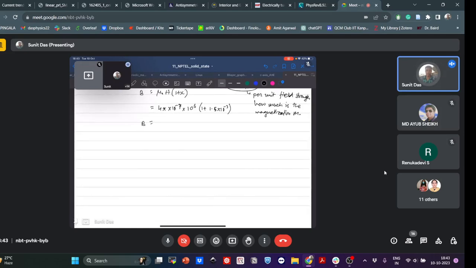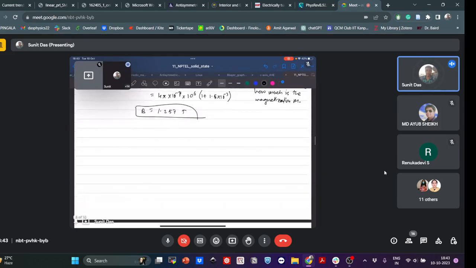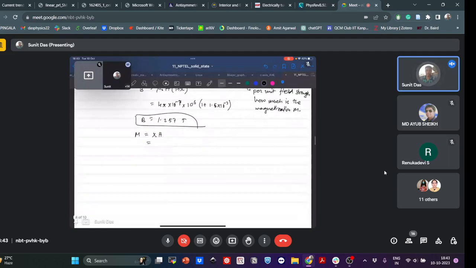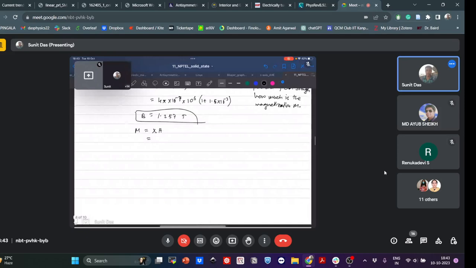So consequently, the magnetic flux density comes out to be 1.257 Tesla. So this is the first part of the answer, and then we can easily find the magnetization, which is chi into H. So chi is given as 1.5 into 10 to the power minus 3, into 10 to the power 6.